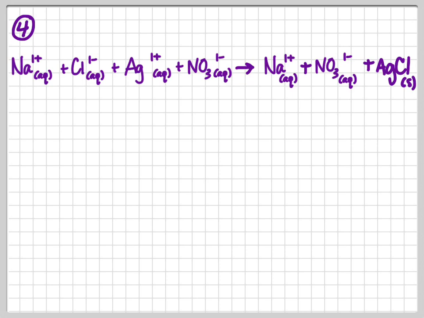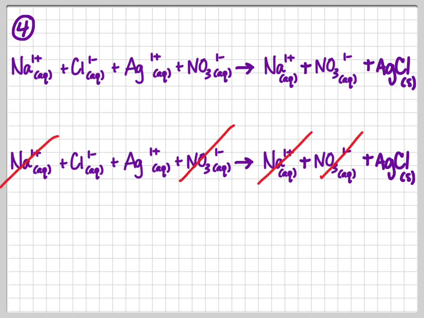Now I'm ready to write that big, messy, overall ionic equation. So I show a mole of sodium ions, a mole of chloride ions, a mole of silver ions, and a mole of nitrate ions. The sodium and nitrate stay in solution while the silver chloride forms a solid. How does that look when I cancel out the spectator ions?